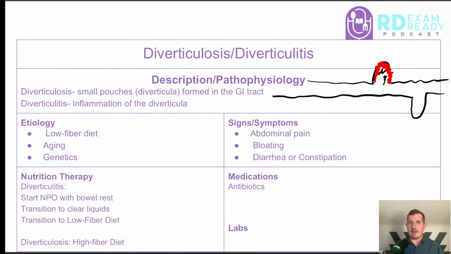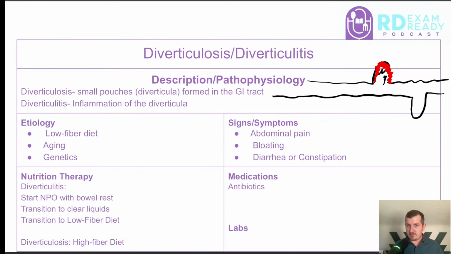Let me know in the chat, everyone. Do you feel like you understand very well now the difference between fiber in diverticulitis and fiber in diverticulosis? Or was that something you had really established well in the beginning? What do you think? I know I've had a few students who said, I can't wrap my head around it.